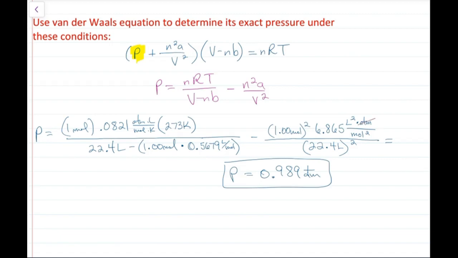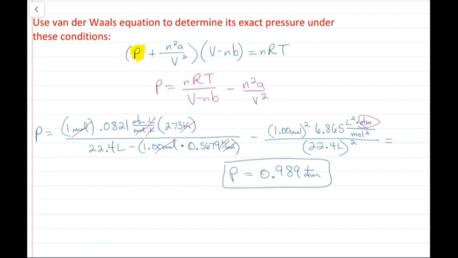If I go through and cancel what cancels, there's an awful lot here, but essentially we've got that atmosphere, that's the only one that stays. On this side, liters can cancel, moles can cancel, kelvins can cancel, moles can cancel again.